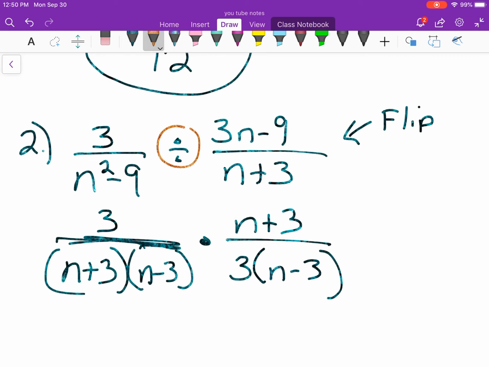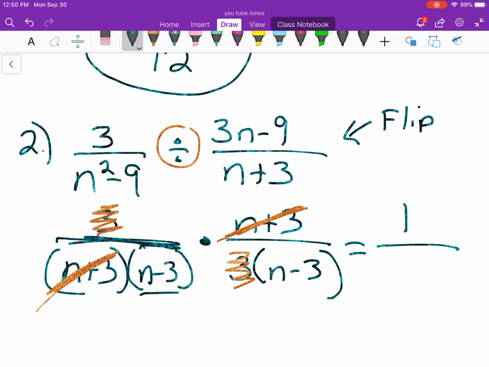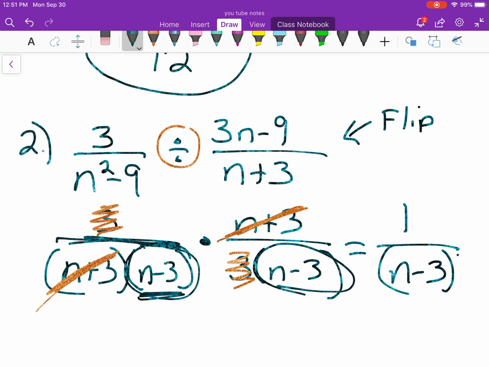All right, so from here I can cross out this, and I can cross out this. I can cross out that 3, and I can cross out that 3. So what am I left with on top? Nothing, right? Well, in a fraction you would put 1, and then I've got n minus 3 and an n minus 3. So I'll put n minus 3 squared, and I'm done.